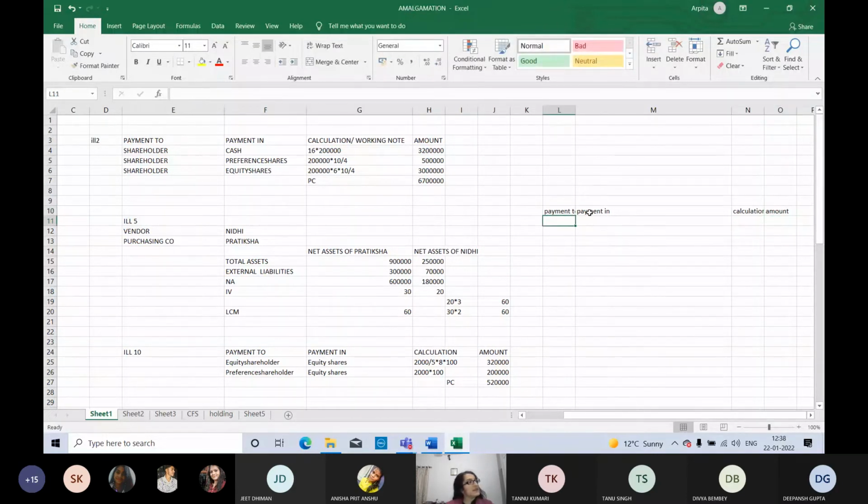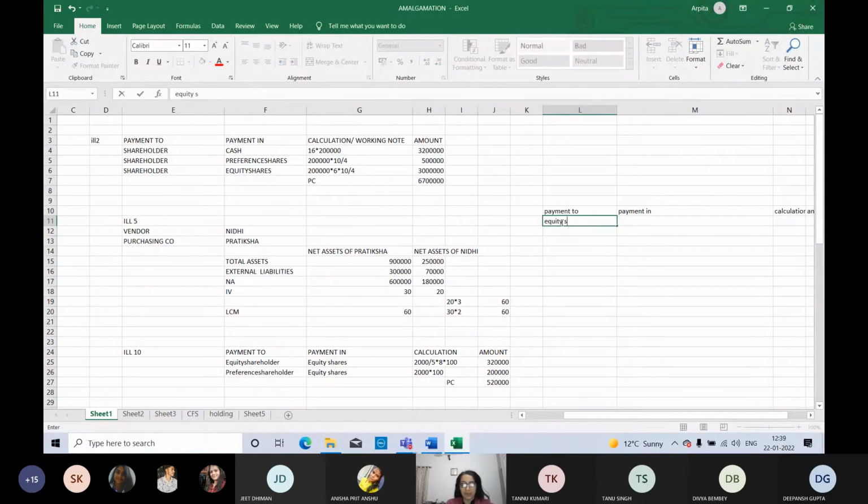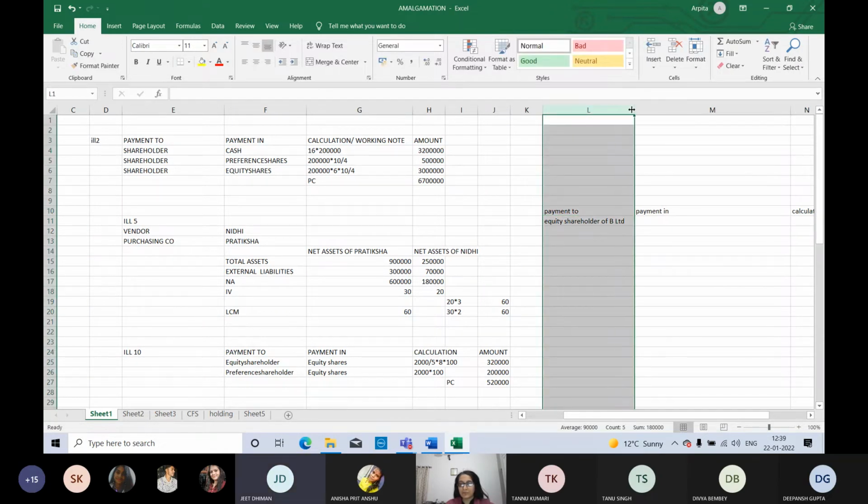First figure, it says issued 35,000 equity shares of 10 each to equity shareholders. What do I write here in payment to? Not B Limited. I'm going to write equity shareholders of B Limited. And in payment in, what do I write? Equity shares of A Limited.